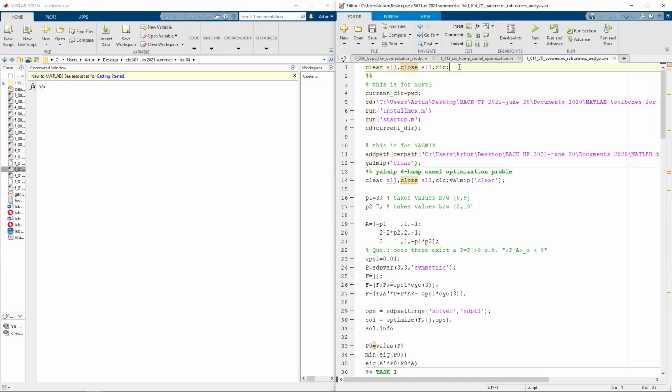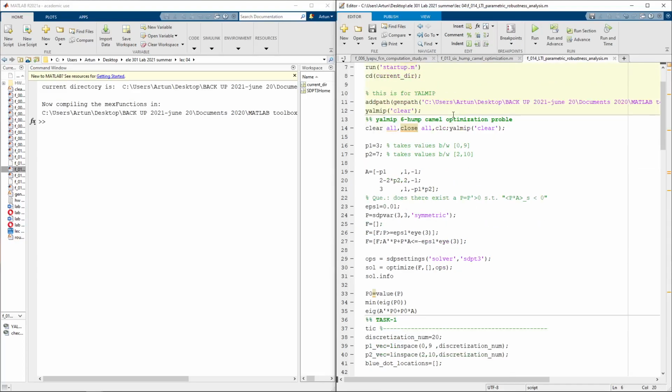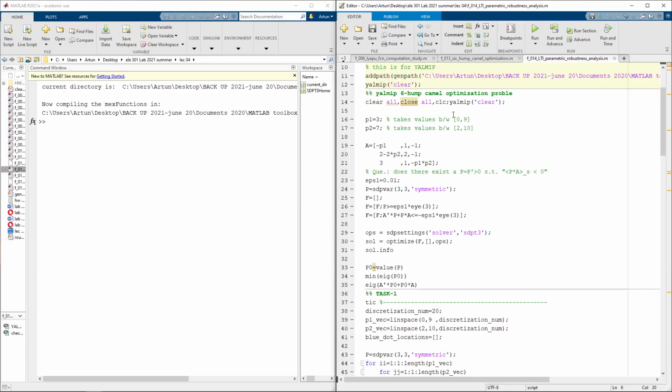Let me run that, and let me run that. This is wrong. I should say YALMIP robust parameters are better for robustness analysis, right?